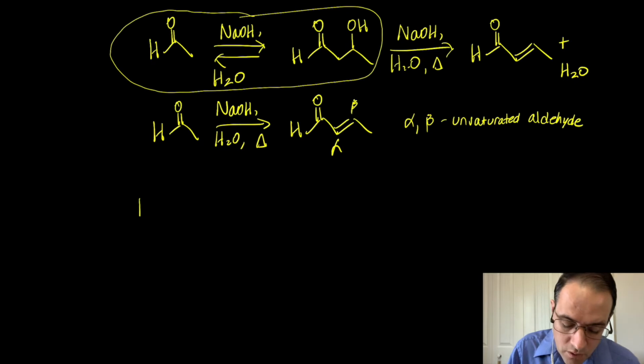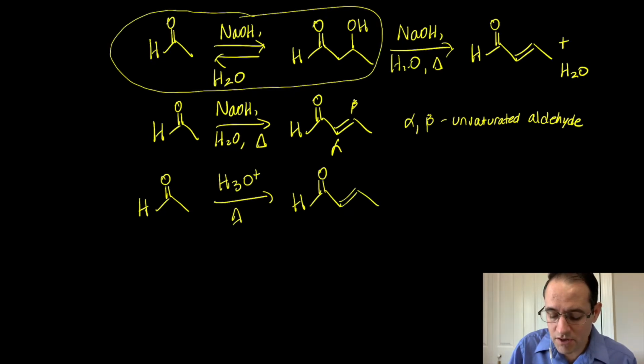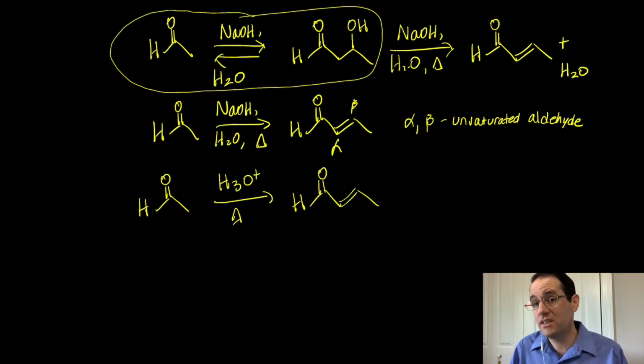So if we wanted to, we could take something like this, and we could treat it with H3O+, heat, okay? And under acidic conditions, you do have the aldol reaction taking place, and under acidic conditions, the alcohol will dehydrate to give you the alpha-beta unsaturated aldehyde, okay? So this is a great way to make alpha-beta unsaturated aldehydes.